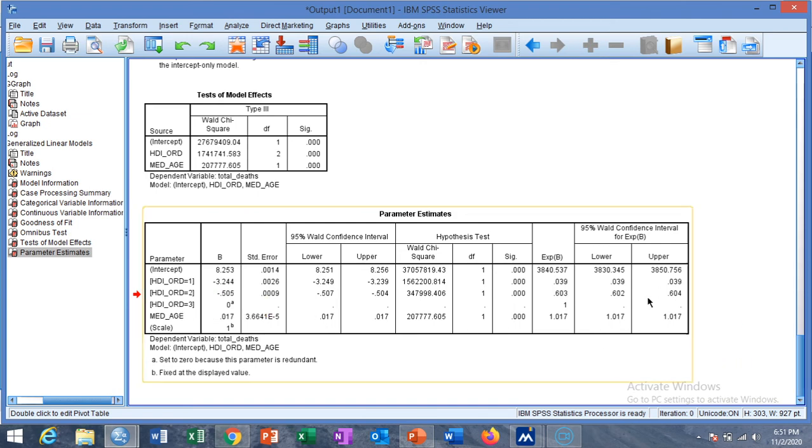So these are the confidence intervals, lower confidence limit and the upper confidence limit, for the exponentiated beta. So this is all about the Poisson regression with link function log of y is equal to x beta.